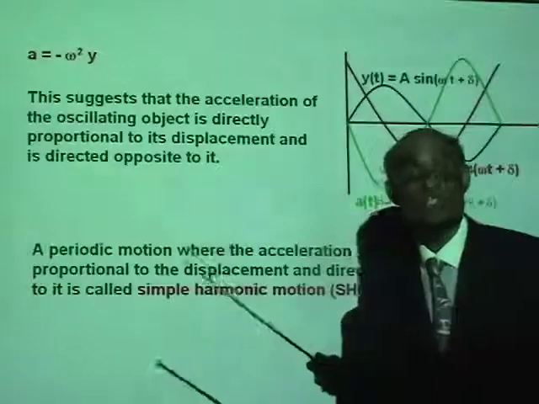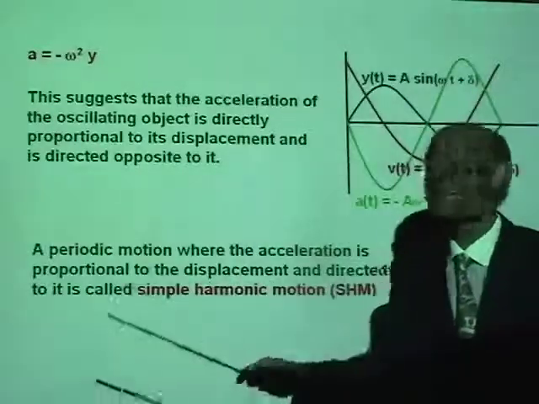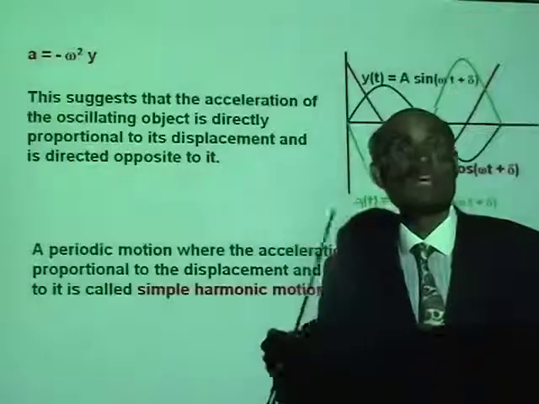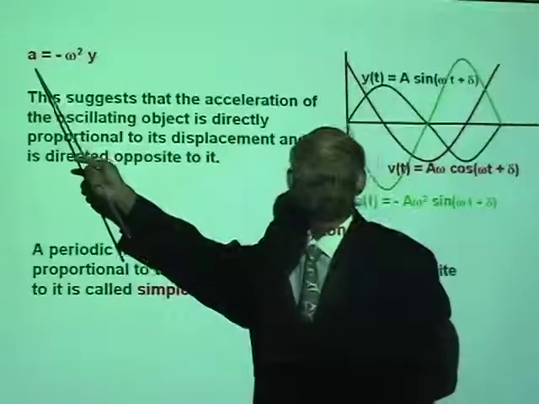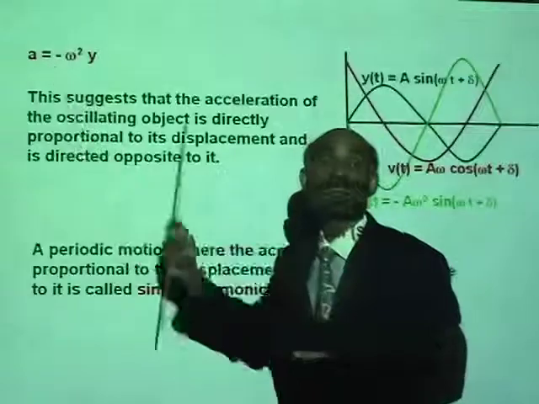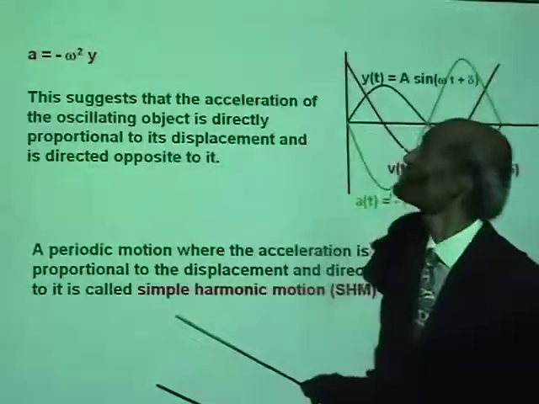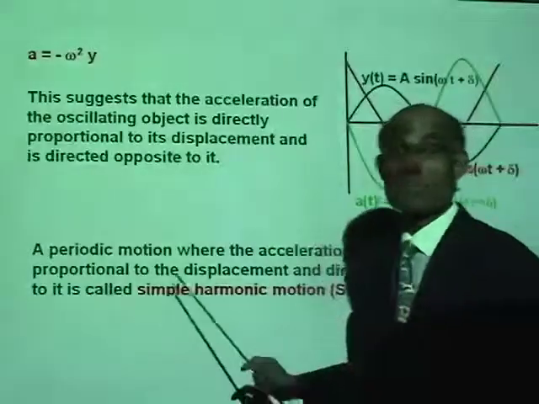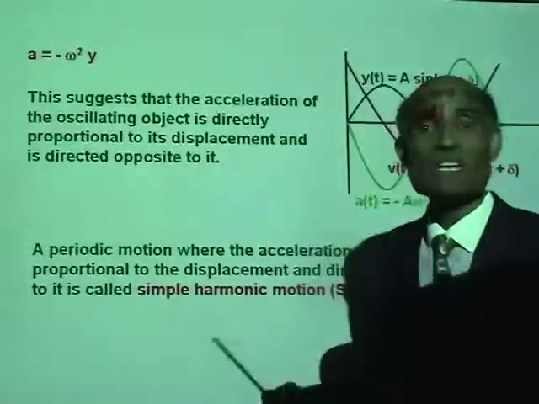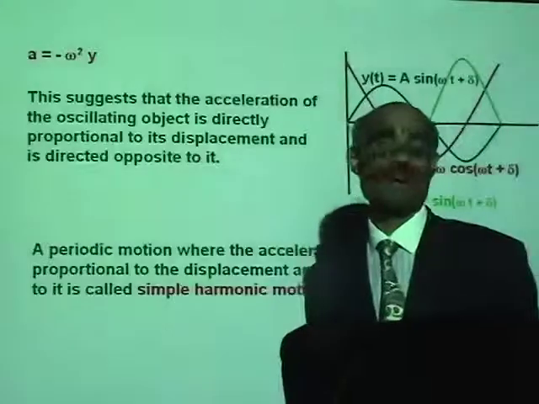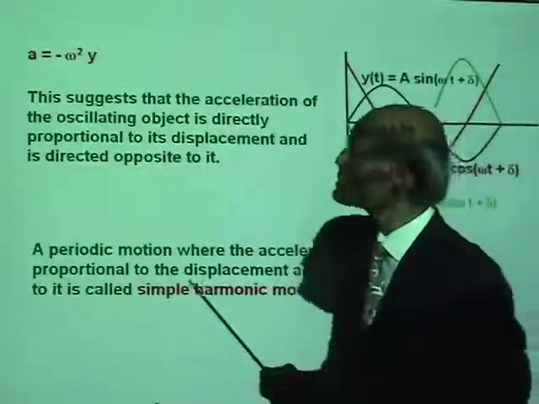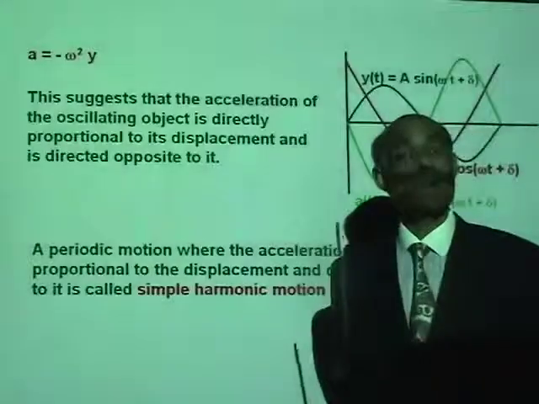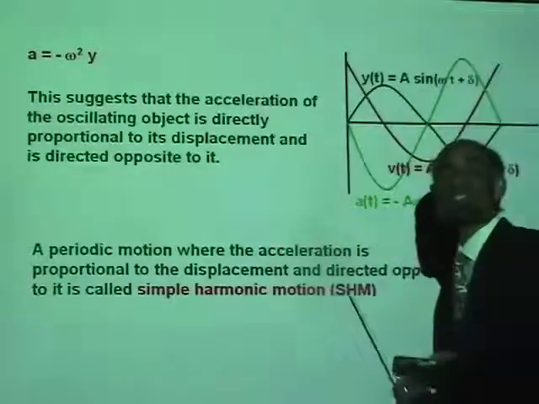So the oscillations of a loaded spring is a simple harmonic motion. And the acceleration of a simple harmonic motion is given by this equation. a equals negative omega squared y. So you must be very familiar with simple harmonic motion. And all our discussions on oscillations will be on simple harmonic motion, or SHM.